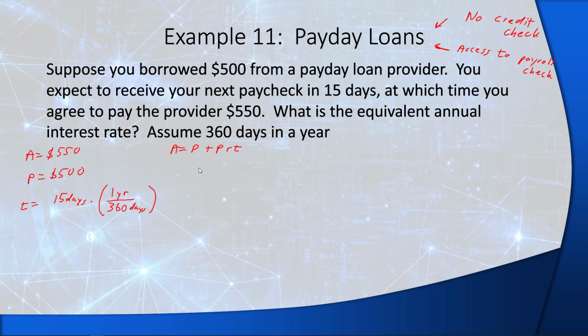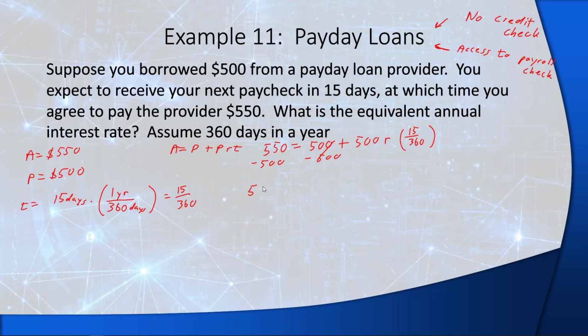So we will have that 550 is equal to 500 plus 500 times R times 15 divided by 360. We can subtract 500 from both sides. These will cancel.